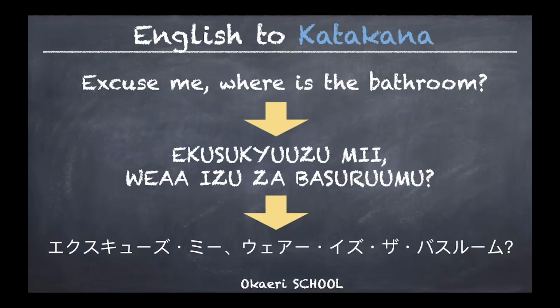So if you say, excuse me, where's the bathroom, very fluently, very fast, it'll be a bit difficult for Japanese people to get it. So you can just say, excuse me, and put vowels after each word. Excuse me, where is the bathroom? Or you can say toilet or something, and then you can survive.